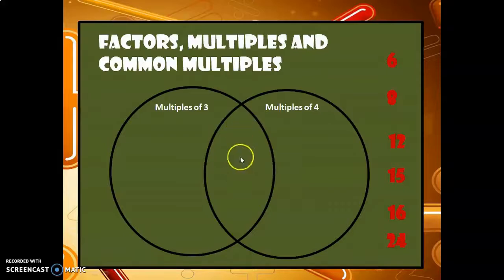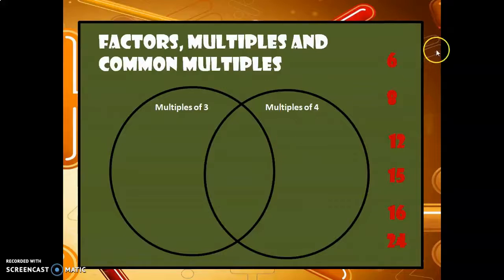In between, since this is the overlapping section of the multiples of 3 and the multiples of 4, the numbers here must be multiples of both 3 and 4. It is a multiple of 3 and at the same time a multiple of 4.